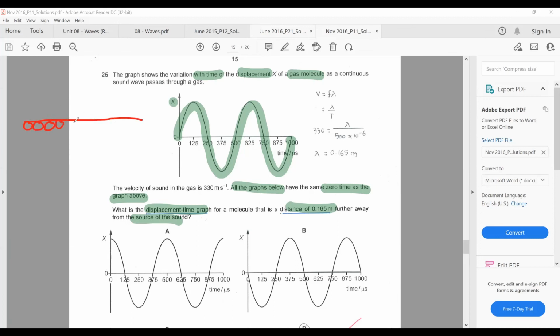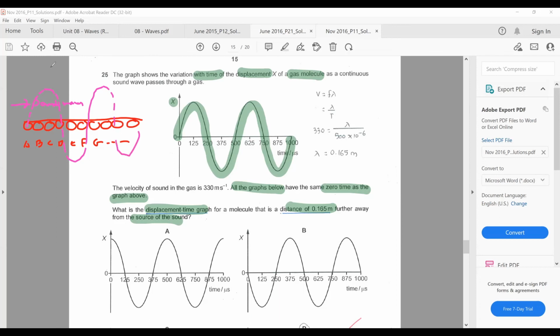Let's just say that these are your gas molecules: particle A, B, C, D, E, F, G, and so on. Right now, what they mention is that you have a sound wave that passes through the gas that causes your particles to displace.